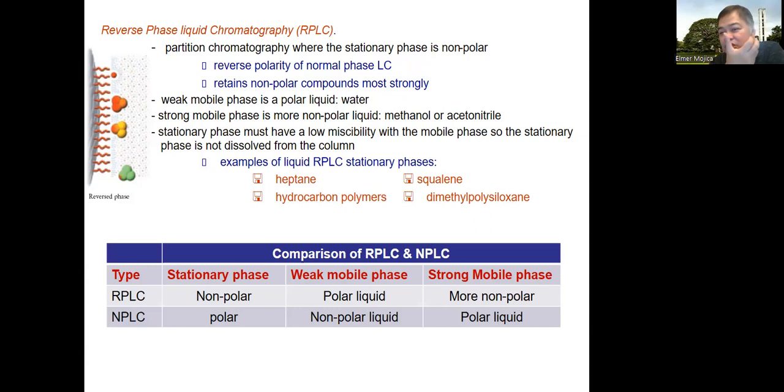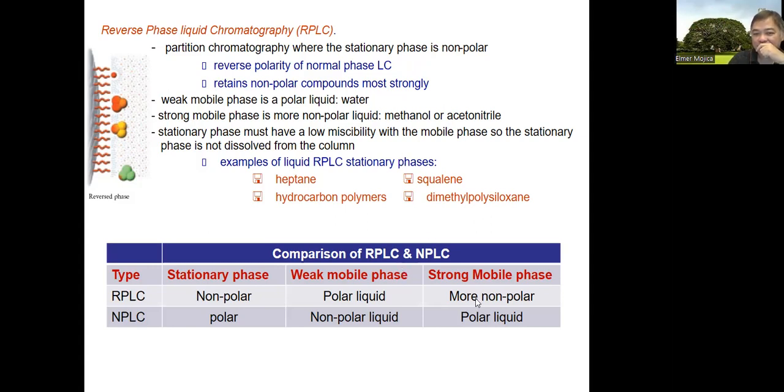Usually you use water as the polar solvent, and then methanol or acetonitrile as the less polar one. So if you compare them, this is probably the summary.